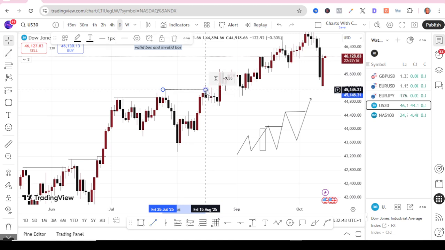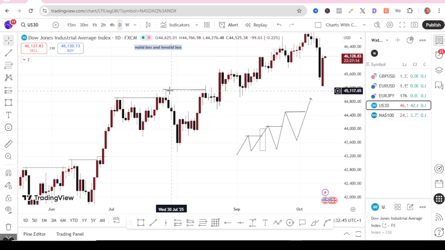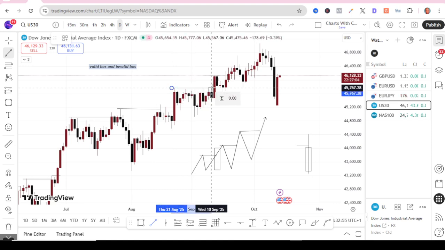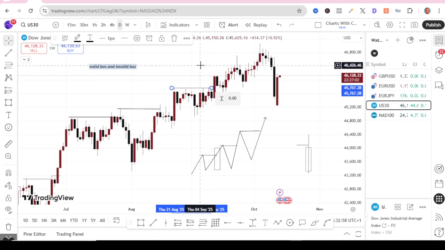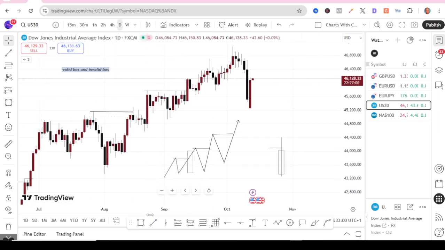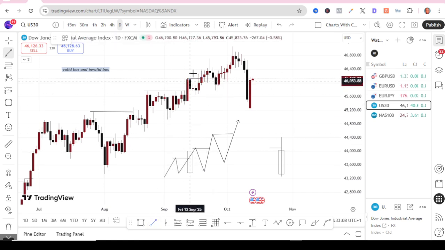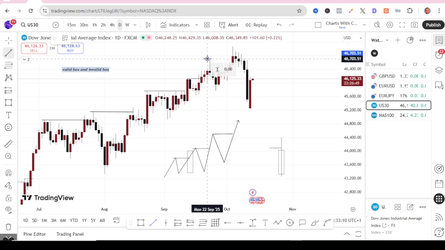So immediately price took out this high, we reversed back, right? Then look closely as well. We had the valid break of structure here, right? But apart from here, every other thing we've been having has just been invalid break of structure.